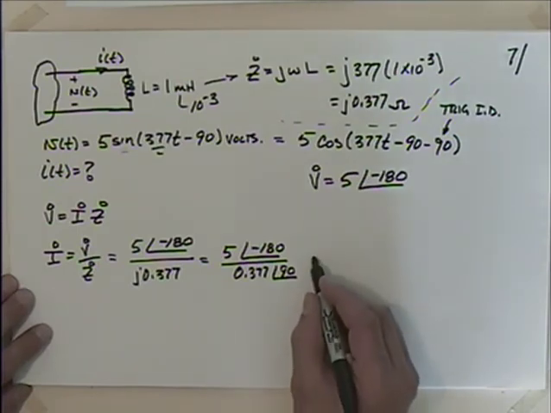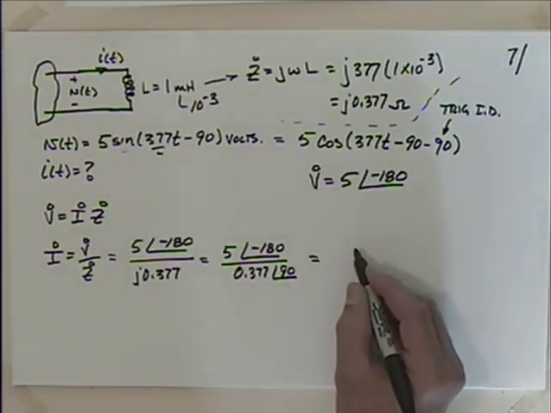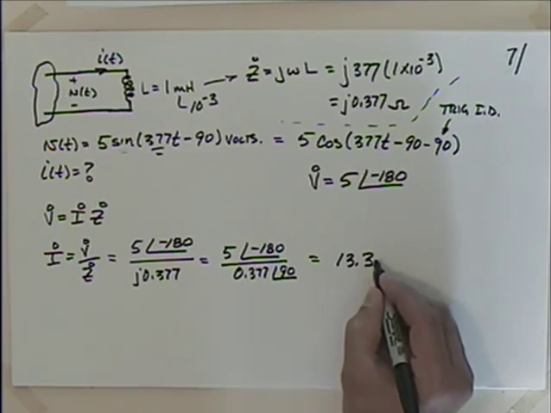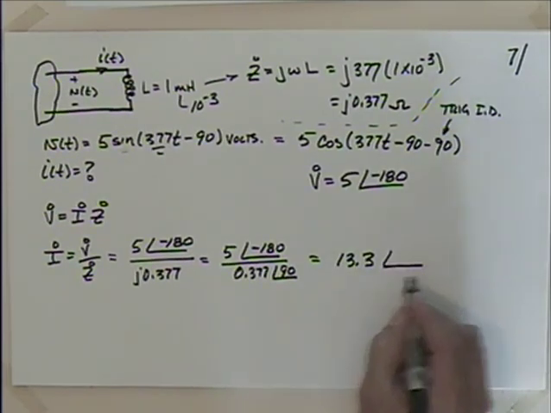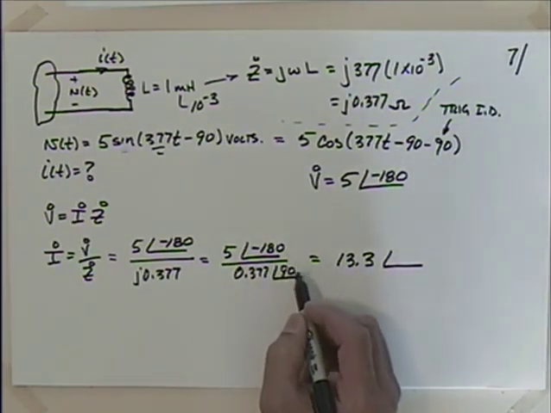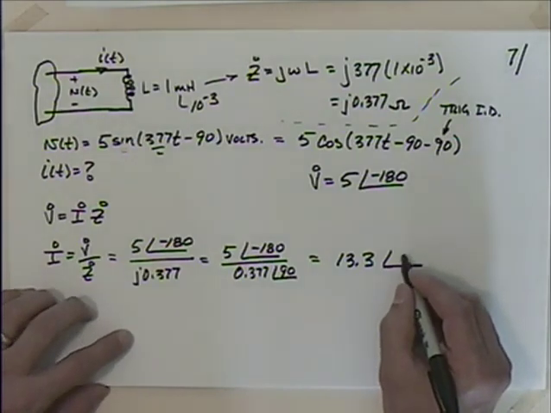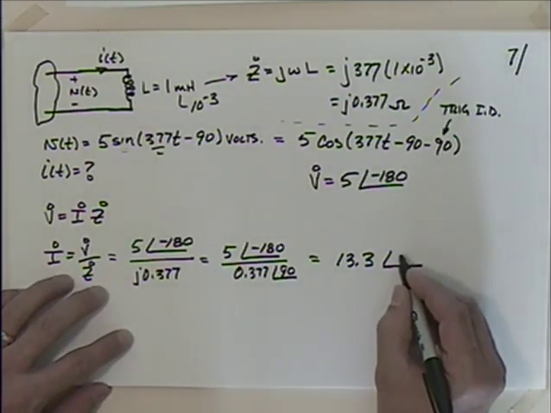So now when I get this, I'm going to come up with, what is that, 13.3? I'll double check that. At an angle of minus 180 minus 90. We might think that this is minus 180 minus 90 would be minus 270.